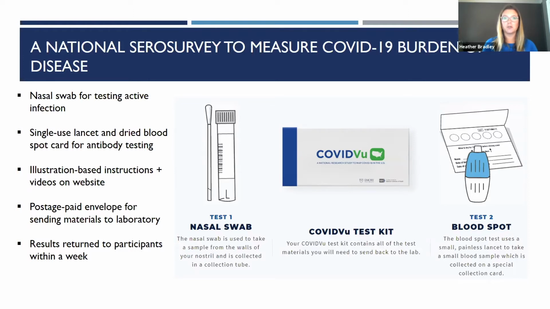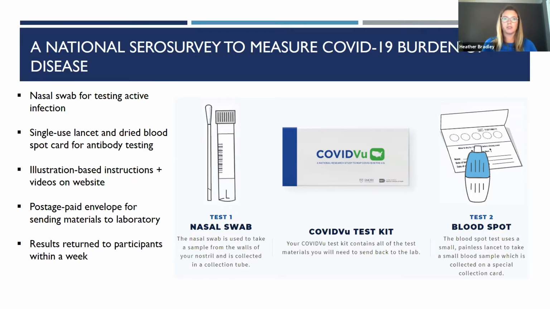It also comes with a single-use lancet, which you can see on the right here, and a dried blood spot card that allows you to drop a couple of drops of your blood onto the card, and that's used for antibody testing. The box also includes some really nice illustration-based instructions and a link to our study website, which has videos that show you in even more detail how to collect the specimens.